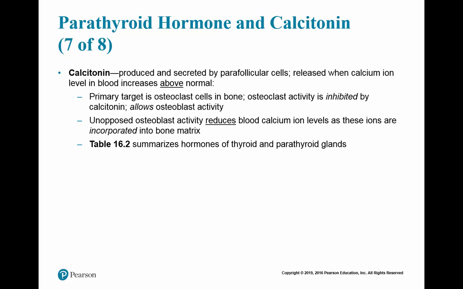It inhibits the osteoclast activity, and it increases the activity of the osteoblast so that you have reduced blood calcium levels because the calcium is going to go into the bone matrix.